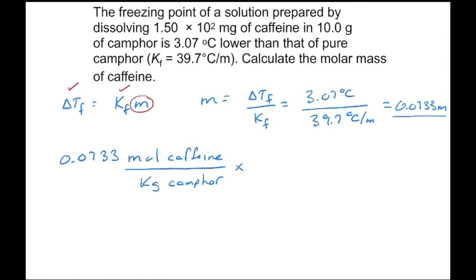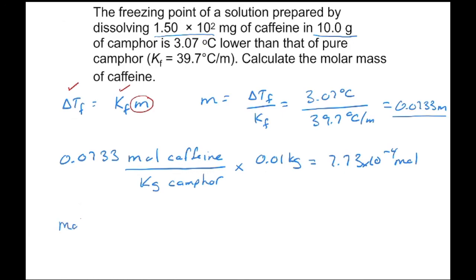So if we multiply that by the 10 grams, which is 0.01 kilograms, then we end up with 7.33 times 10 to the minus 4 moles of caffeine. So now we have moles of caffeine. That's half of the molar mass equation, grams per mole. We're given how many grams of caffeine were used, so that's 150 milligrams.